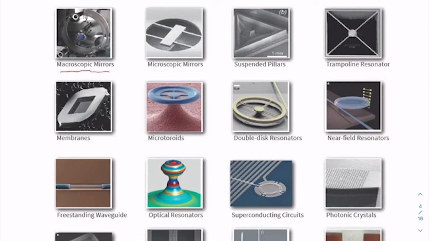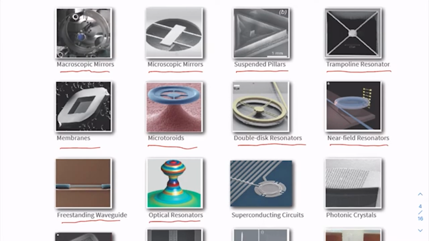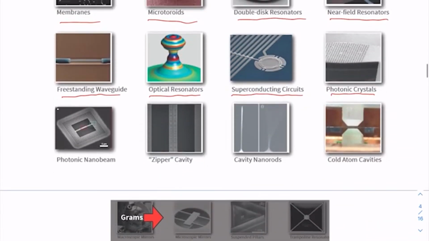For example, we have macroscopic mirrors, microscopic mirrors, suspended pillars, trampoline resonators, membranes, microtoroids, double disk resonators, near-field resonators, freestanding waveguides, optical resonators, even superconducting circuits. This is basically also a mechanical oscillator, and it can be used in an optomechanical setup. Then you have photonic crystals, photonic nanobeams, zipper cavities, cavity nanorods, and cold atom cavities.